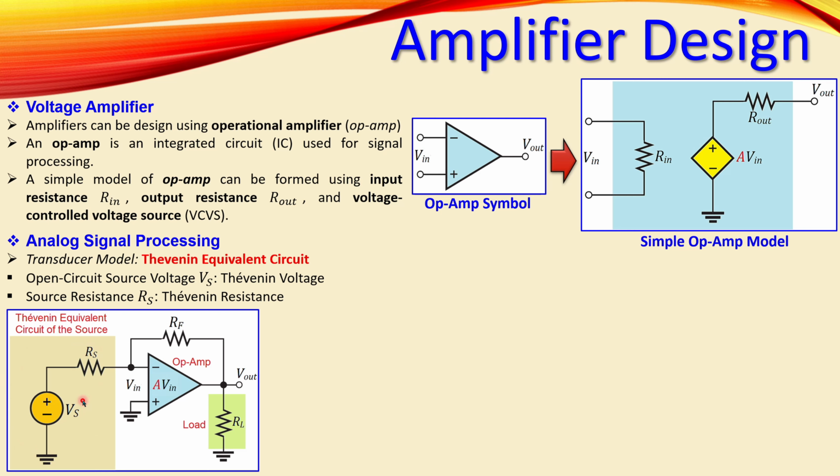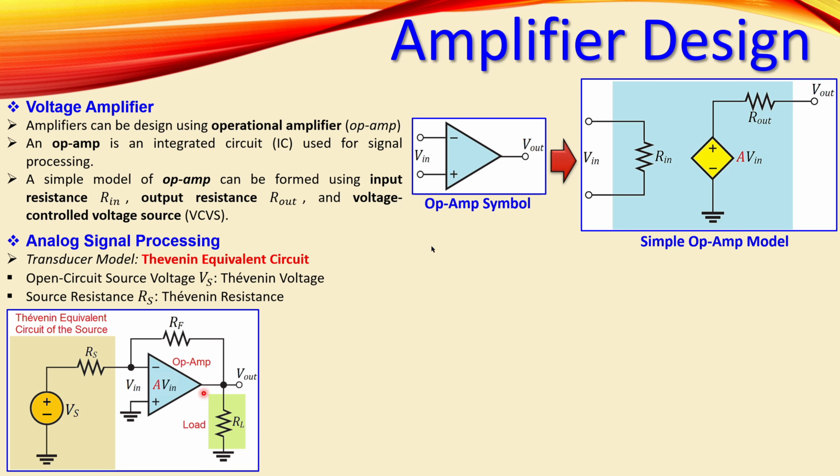That's the Vs, which is our source voltage. And this is the source resistance, given in a Thevenin equivalent circuit format. This is the op-amp part, where they're using RF, which is the amplification part. And the load is modeled by just a simple resistor.